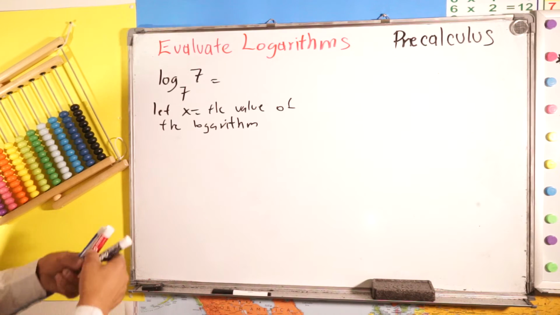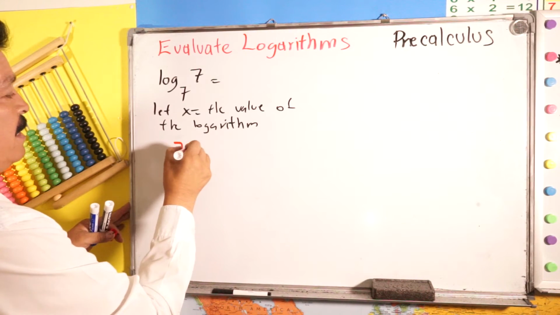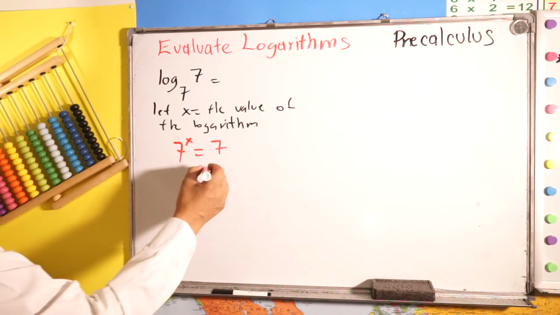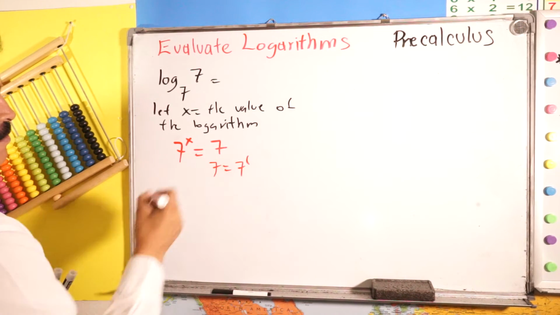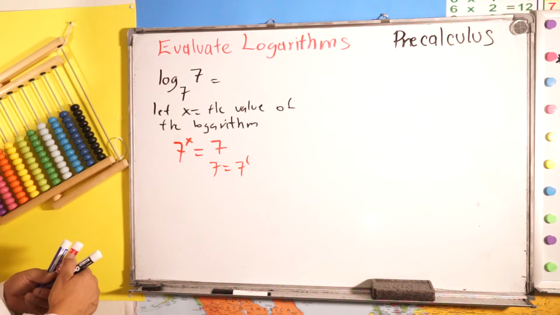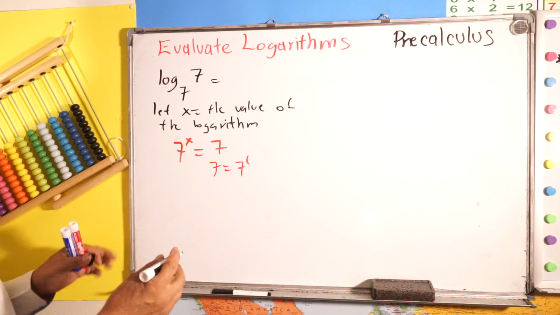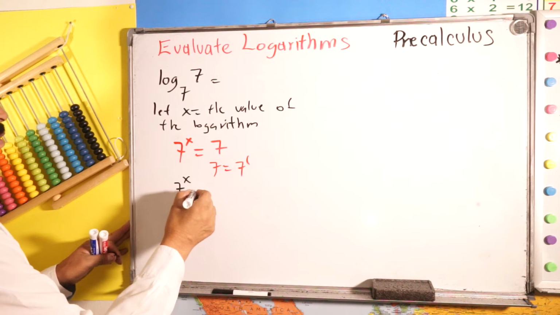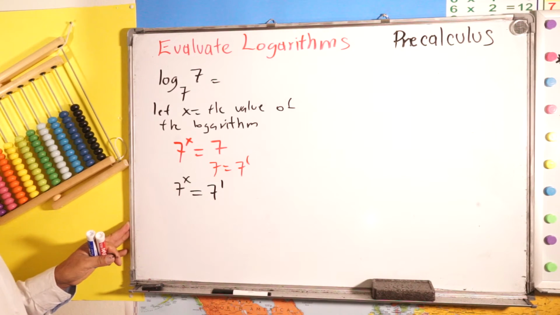All right, so then we have 7 to the x equals 7. Here 7 equals 7 to the first power, right? So now 7 to the x power equals 7 to the first power.